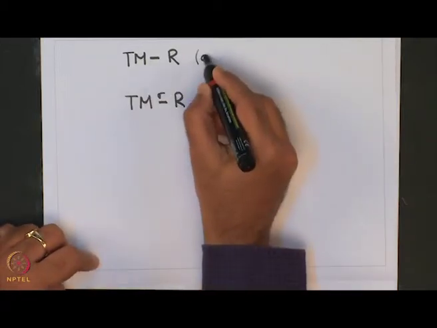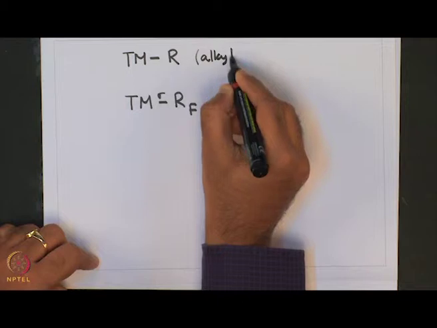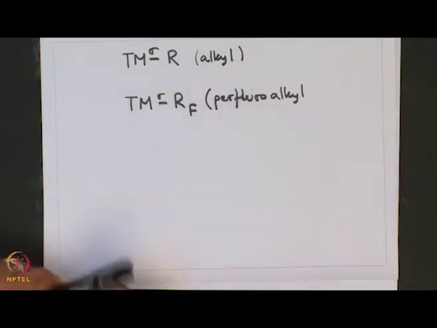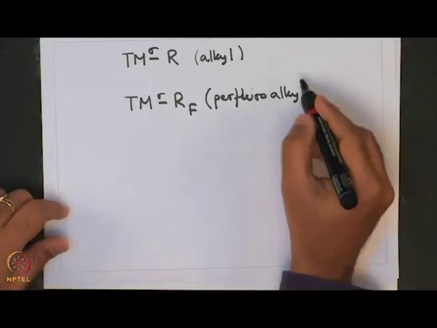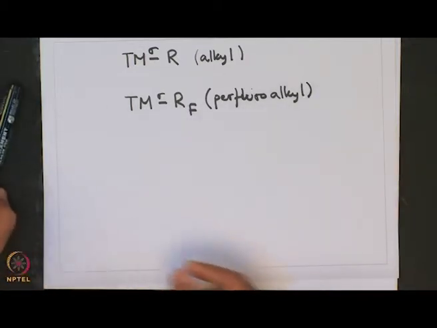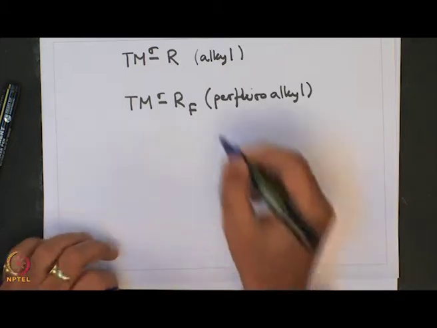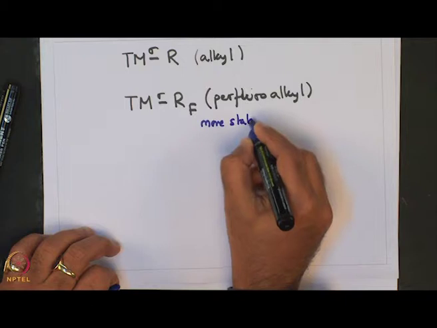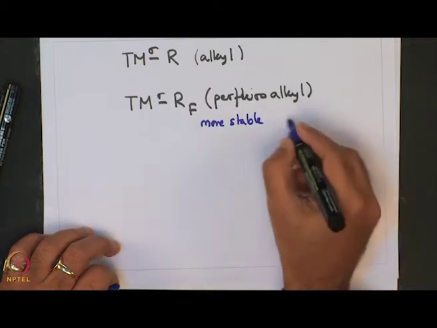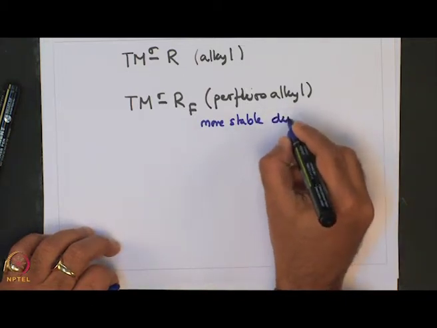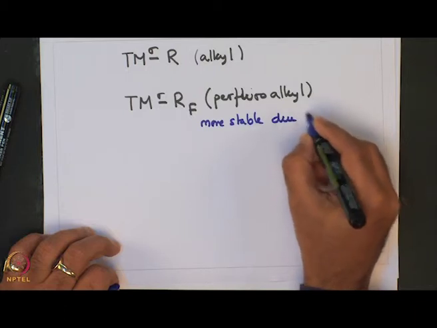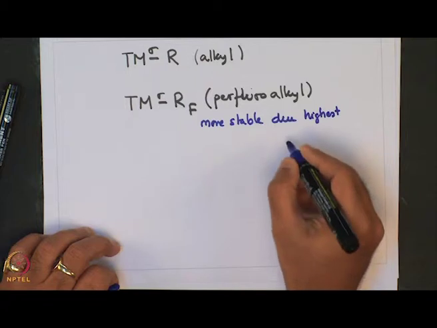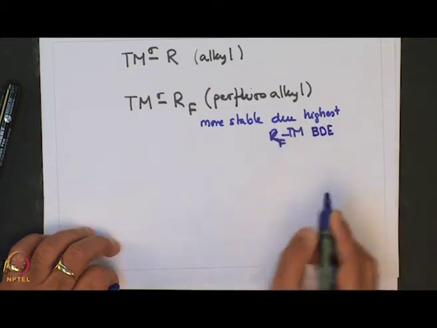These are alkyl and these are perfluoroalkyl. One of the attributes of transition metal perfluoroalkyl complexes is that they are more stable due to high, or probably the highest, bond energy, more stable.